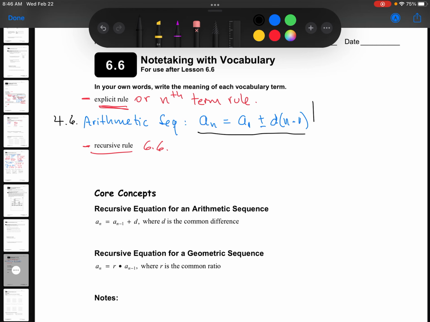Also, in section 6.5, and you might remember that from the previous video, we learned a little bit about geometric sequences.